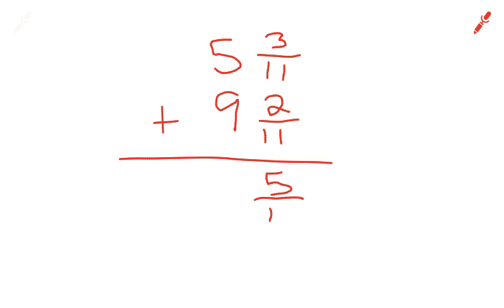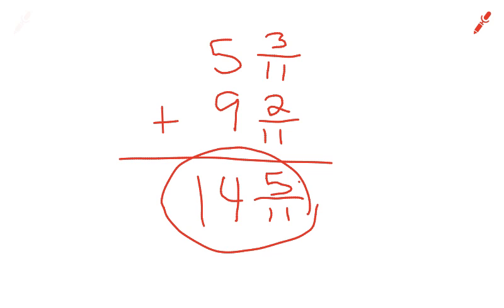The 11 stays the same. And then 5 plus 9, we get 14. There's nothing that goes into 5 and 11 besides 1, so that doesn't do anything. So we have completely reduced it, or it does not need to be reduced. 14 5/11 is our answer.